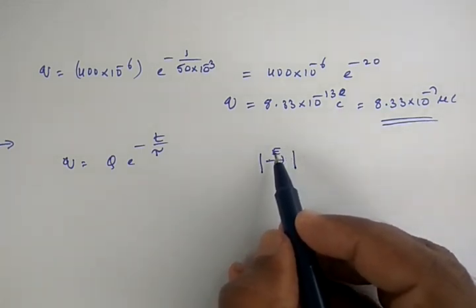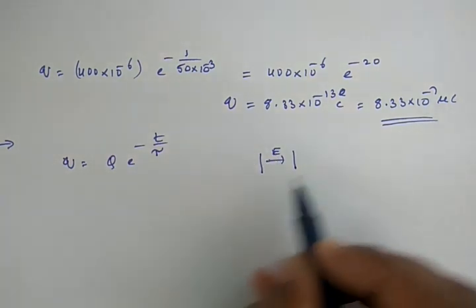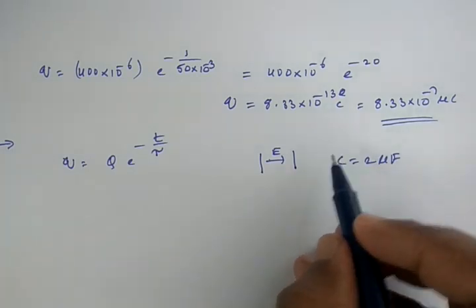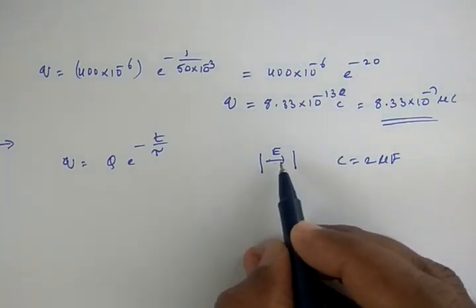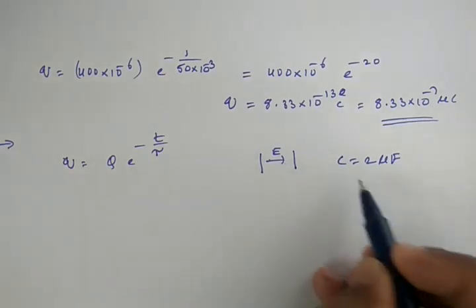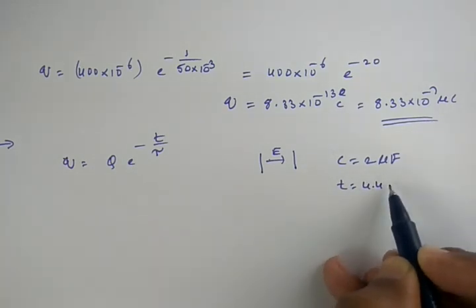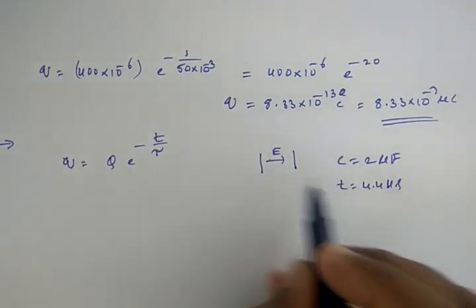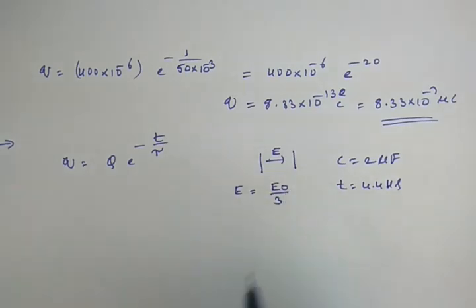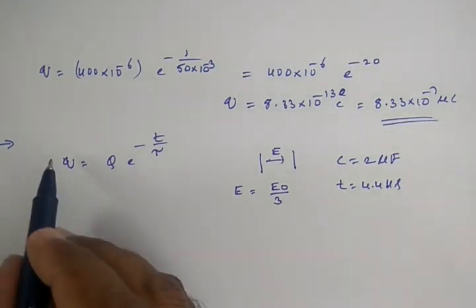The capacitance of the capacitor is 2 microfarad, and the electric field between these two plates drops to 1/3 of its initial value in 4.4 microsecond, when it is connected by a thin wire. Find the resistance of the wire.